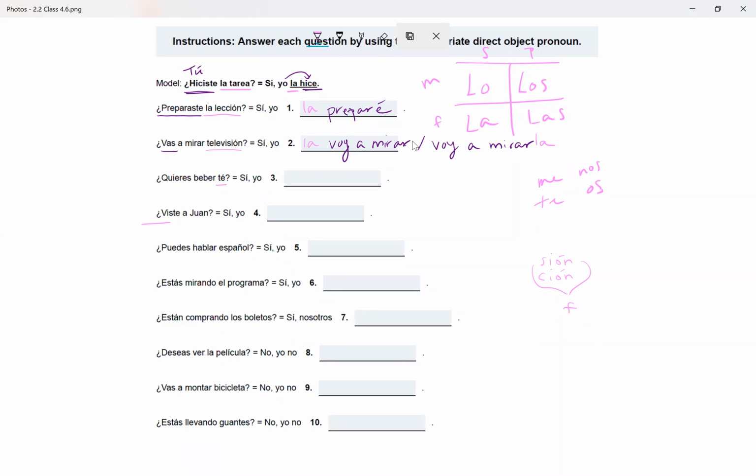Lo. And then our verb. Quieres is the tú form. So quisiste, quiero, and quise. Good. Quiero beber. And we can do the same thing here. Quiero beberlo. Exactly. Good job. Quiero beberlo.